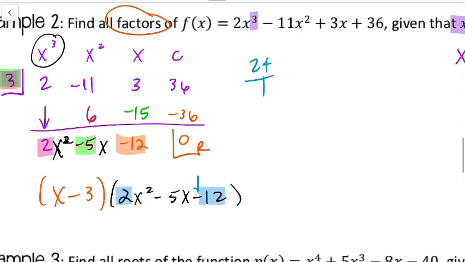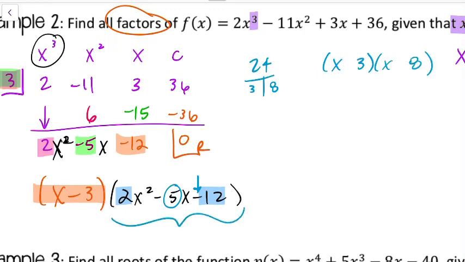Numbers that multiply to 24 but subtract to give me 5. Let's see, 1 and 24, 2 and 12, no, 3 and 8. So then I'm just going to hold off on that x minus 3. I'll bring it along at the very end. But we've got x and 3 and x and 8. So we're just factoring this guy here. My signs are different. My bigger number is negative. x minus 8, x plus 3. And we divide and slide by that coefficient of 2.